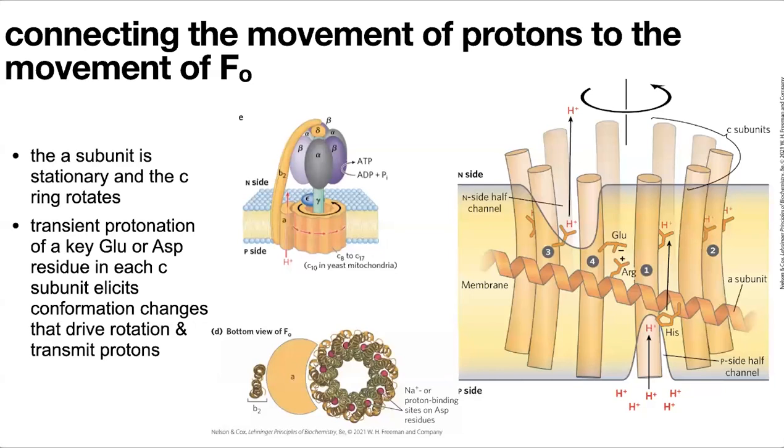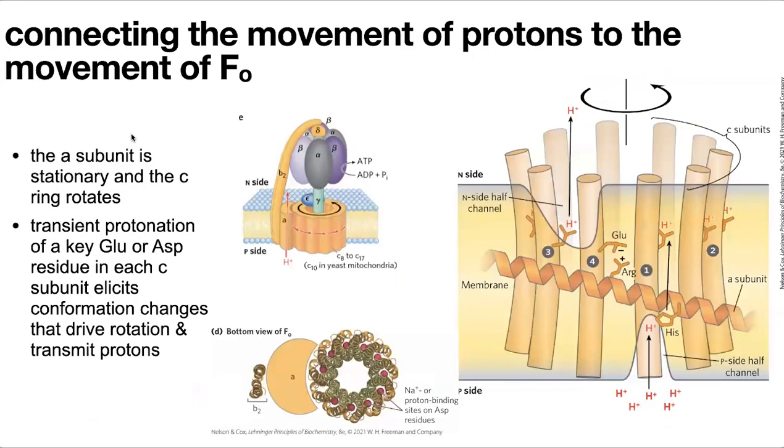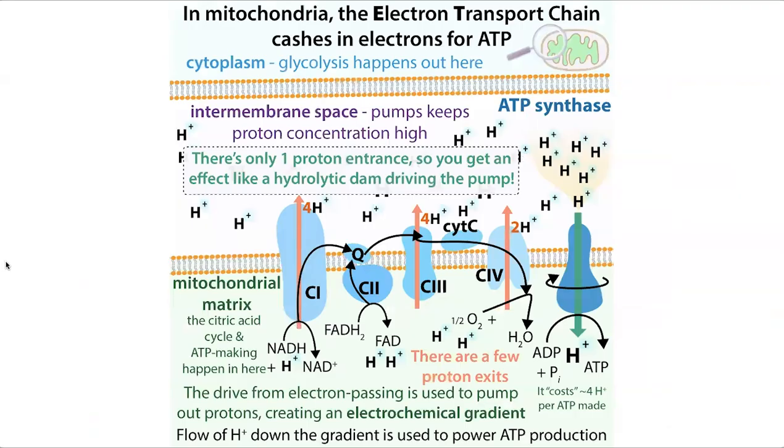Just the basic idea that we have the power from this proton gradient being used like a hydroelectric dam to turn the wheel, and turning the wheel is going to make it so that we're making and releasing this ATP. It's the release of the ATP that's the really hard part, but you don't need to worry about those nitty-gritty details. Just the fact that we have this coupling between the movement of those protons and the production of ATP. At the end of the day, we're able to make ATP efficiently this way.